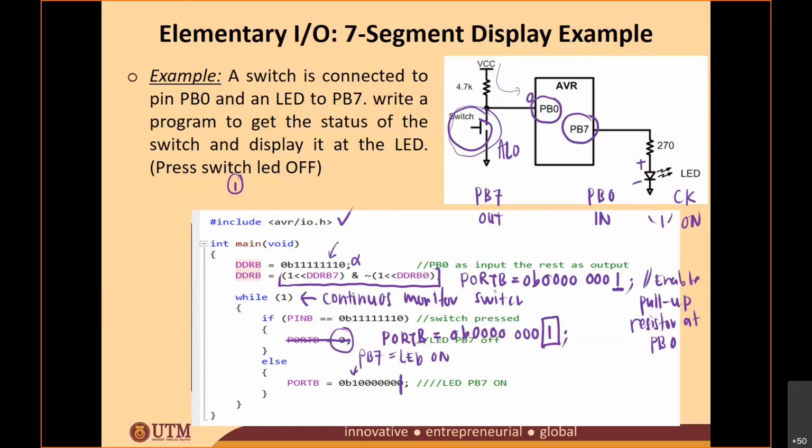Again, this one here is your PB0, your pull up resistor is still enabled. If you put 0 at your PB0, then automatically you disable your pull up resistor. So any question? We stop here.